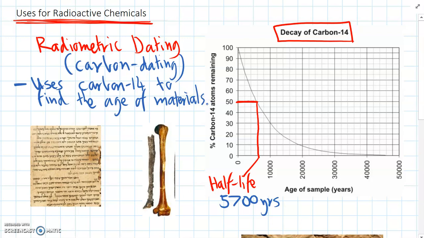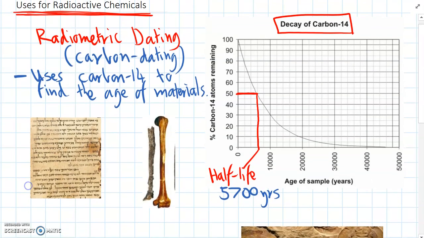And often it's different artifacts that archaeologists discover. So things like human remains, we've got some bones found here, and other things like written scrolls.